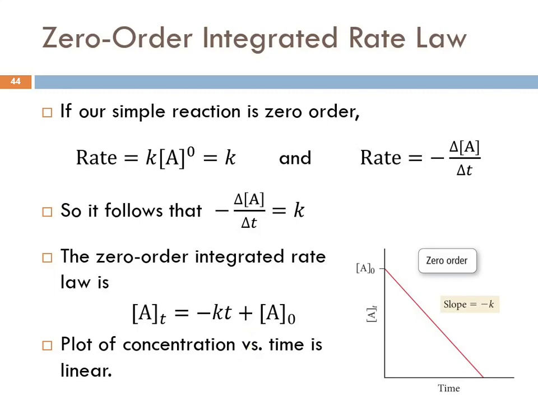Again, a nice linear equation. So here we've got A at time t versus time, and the slope ends up being minus k. So this one is even simpler. No logarithms, no 1 over anything. So of course you could solve very similar problems using this integrated rate law. Any questions?